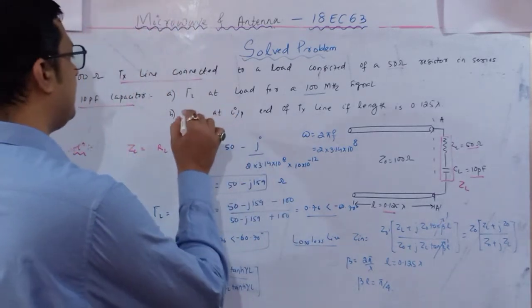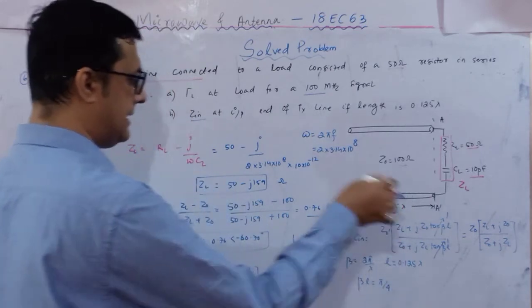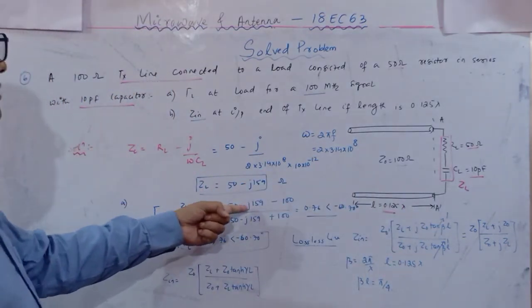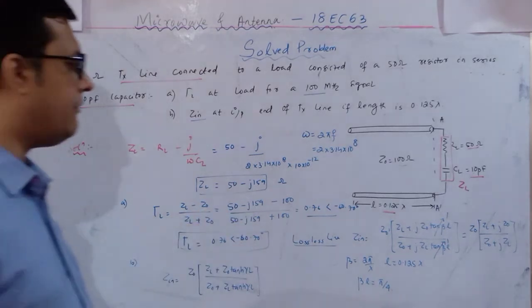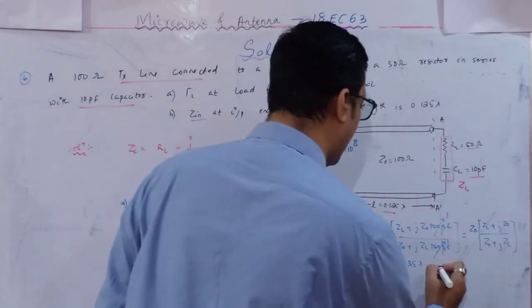Now Z0 is given as 100. ZL is 50 minus j159, which we have identified. Substitute those values and solve it.